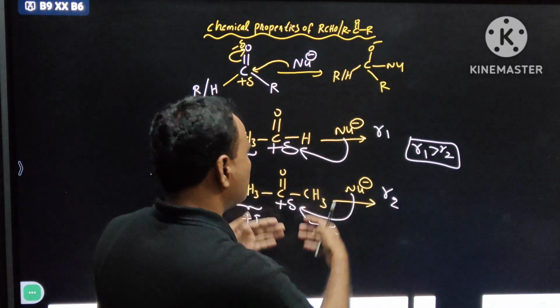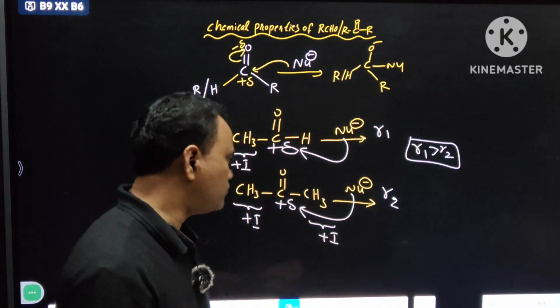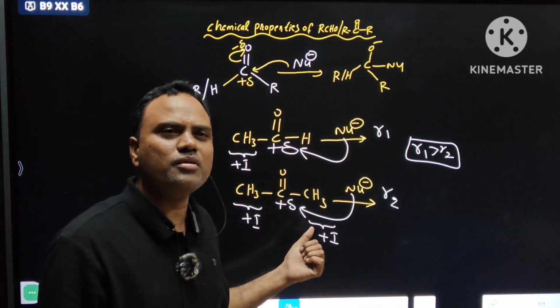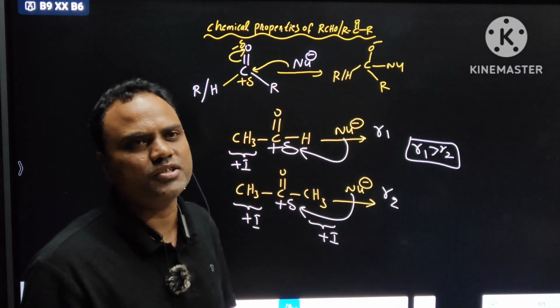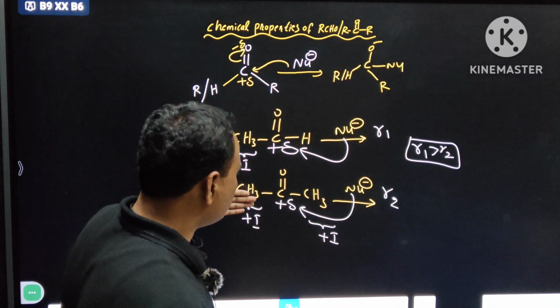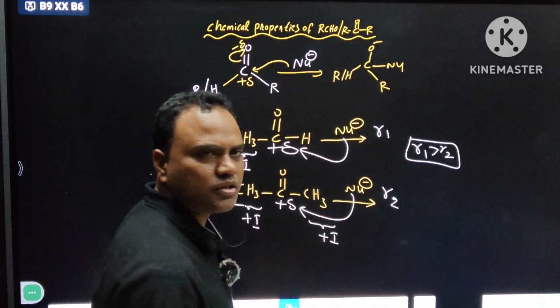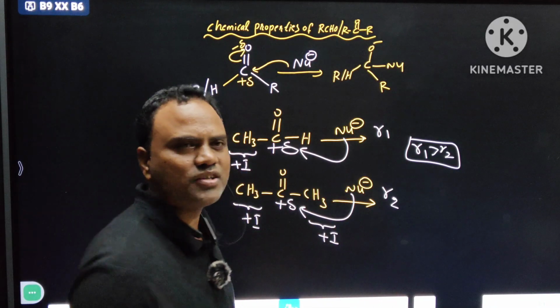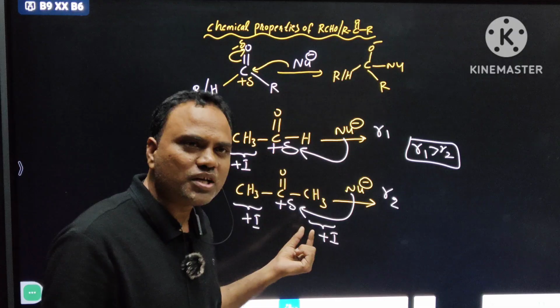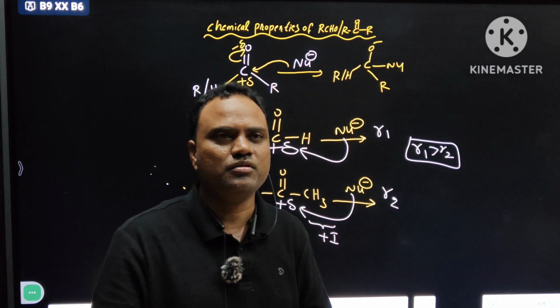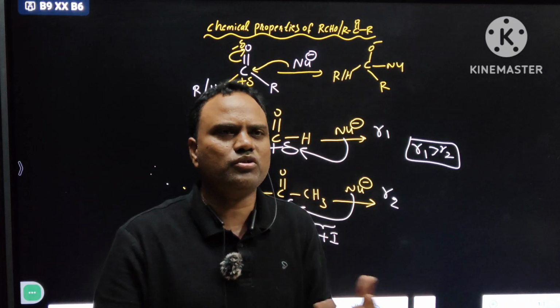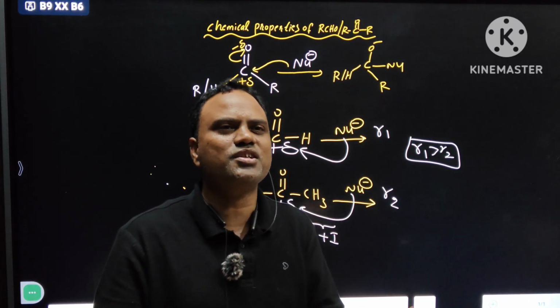two plus I groups transfer electrons to the positively charged carbonyl carbon and they neutralize the positive charge, they decrease the positive charge. Okay, this methyl is giving electrons and this methyl is giving electrons. From two sides electrons are coming, so the positive charge in the middle will be neutralized. Clear? You know what happens if you give negative charge to positive charge, density will decrease.